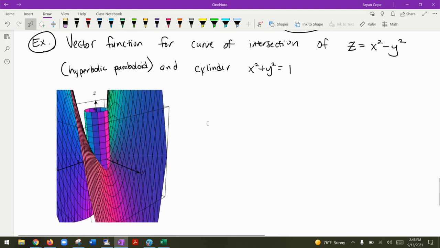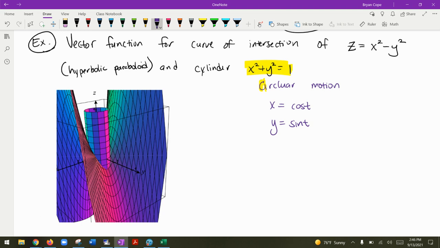Okay, so what we're going to do is we notice right away that we have circular motion here, right? So instead of choosing x to be t, we're going to choose x to be cosine t and y to be sine t. Now don't forget, you can totally do other cylinders by putting a constant in front of here, right?